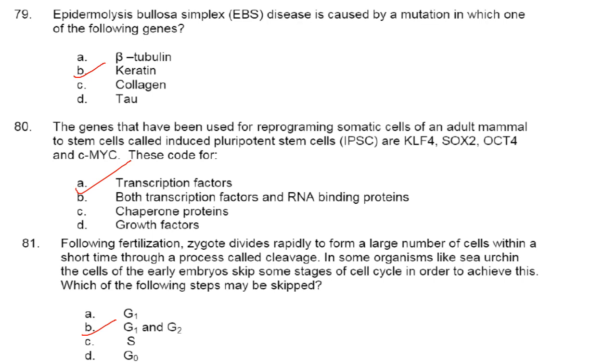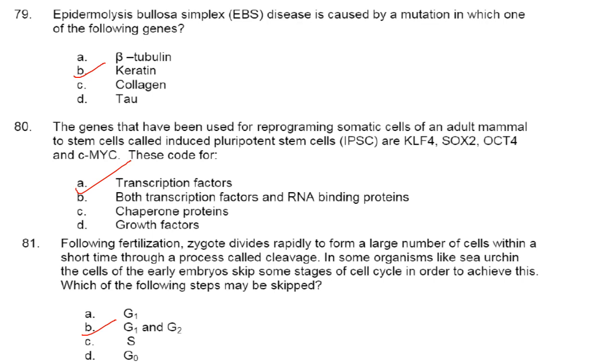So the iPSC technology, or induced pluripotent stem cell technology, was pioneered by Shinya Yamanaka, who showed in 2006 that the introduction of specific genes named MYC, OCT3, SOX2 and KLF4, collectively known as Yamanaka factors, encoding transcription factors, could convert somatic cells into pluripotent stem cells. So these are transcription factors. Answer is option A.